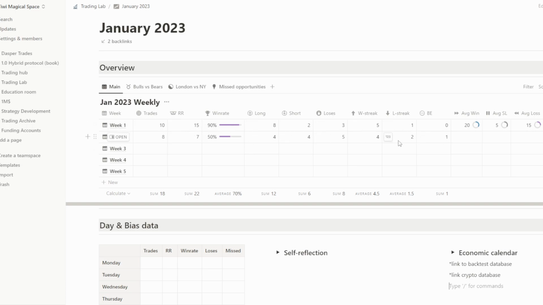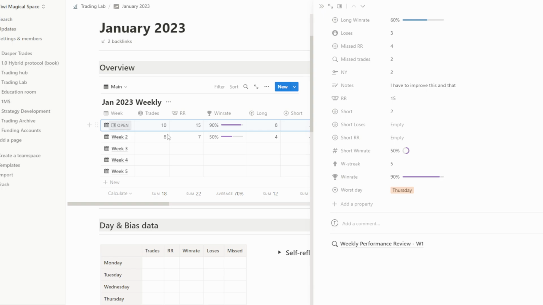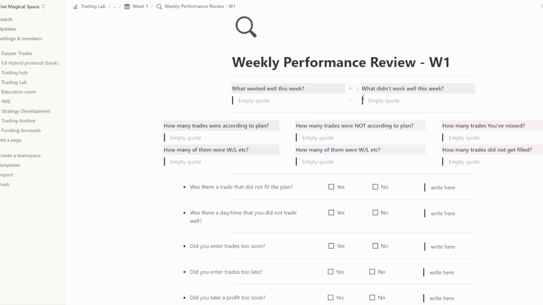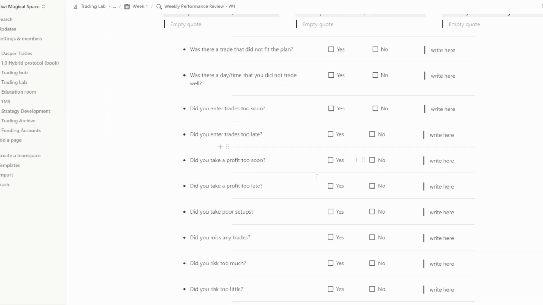data. Just don't mind these numbers, because I just created them today to figure out if everything is working properly. But basically in week one, actually this is also maybe a little bit handy. If I open this on the weekly performance review, it will directly send me to this page, and I do some sort of self-reflection. So as you can see here, if I take profit too soon, if yes, then maybe I write something right here.